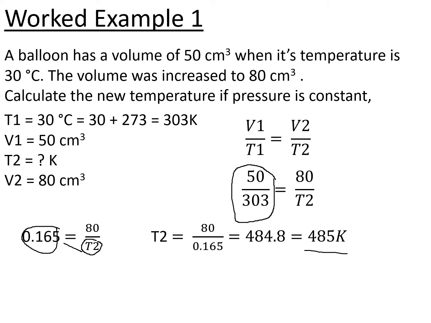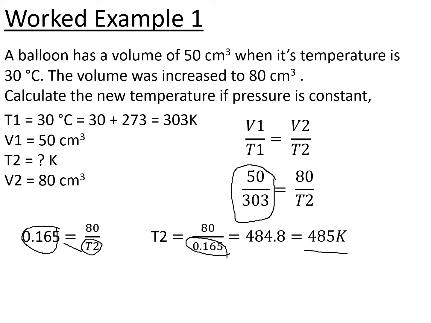I wouldn't bother changing it back to degrees Celsius, because it's going to ask you for a specific unit. Don't give yourself more work, just keep it in kelvins. A wee thing to note is that I have written a rounded answer here. And just be careful of that, because usually we don't like you to round in the middle of an answer.